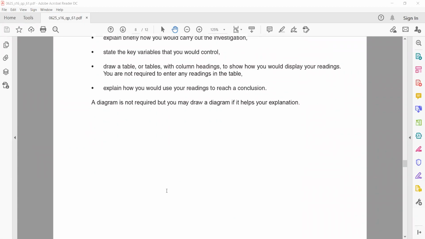Simply we'll say the experiment which show a small change in temperature is effective insulation. That is the answer for the last part.